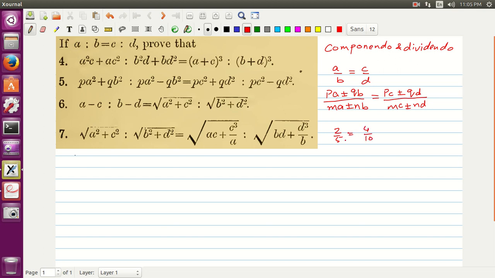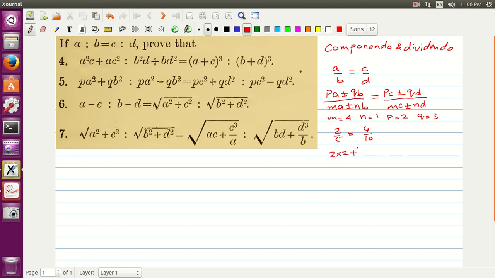Okay, these ratios are equal. Now let us say M is equal to 4, N is equal to 1, P is equal to 2 and Q is equal to 3. I am just taking some arbitrary integers. Okay, now suppose we say P times 2, so this becomes 2 times 2.